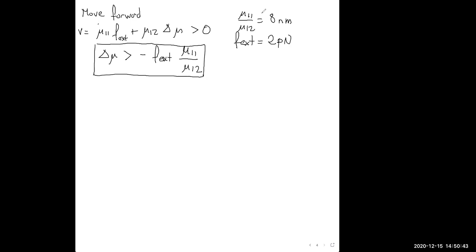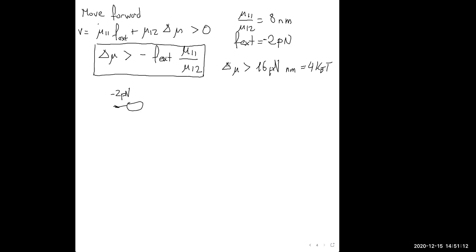So this means, for this example, that delta mu should be greater than... the external force is negative because you are pushing backwards. You have the motor and the external force is minus 2 piconewtons. So minus times minus gives plus 2 times 8, 16 piconewton nanometer, which is 4 kBT.